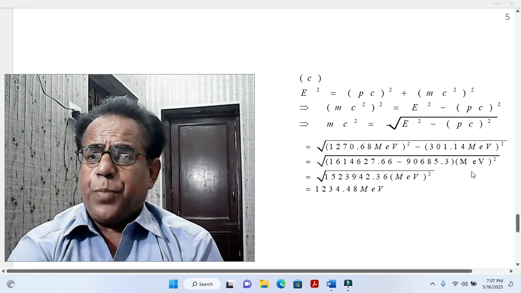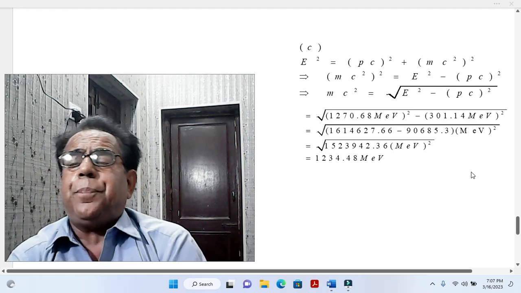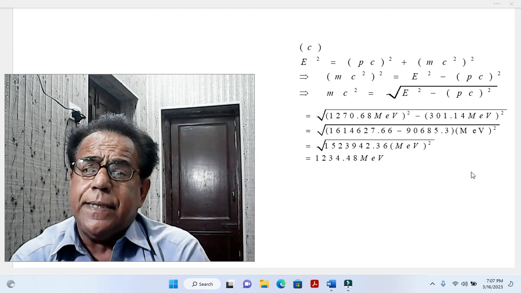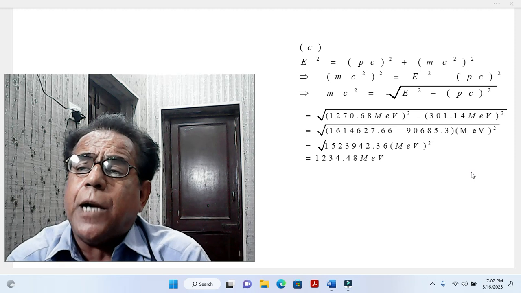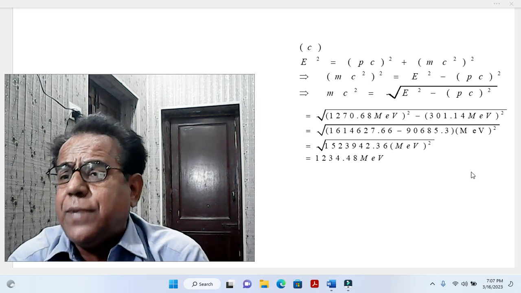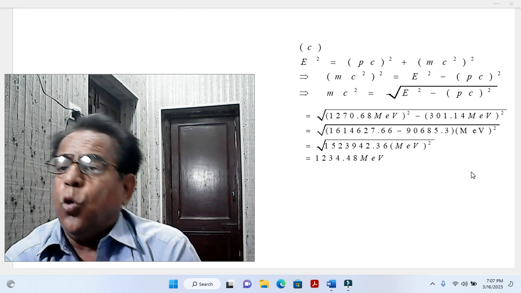Okay, now part c. For this part c we have reserved one tool, where e square is given as equal to pc whole square plus mc square whole square.